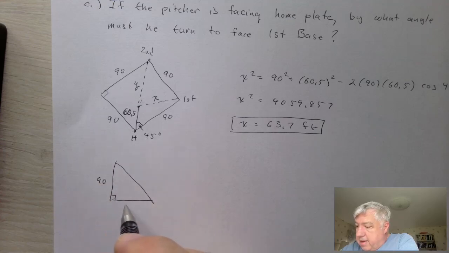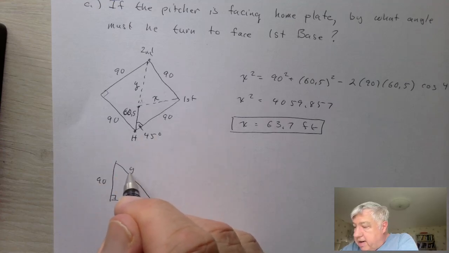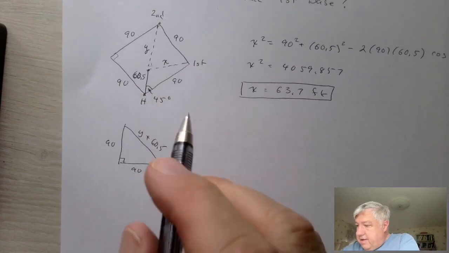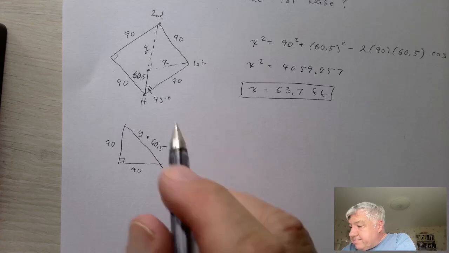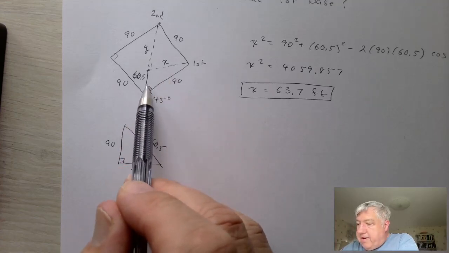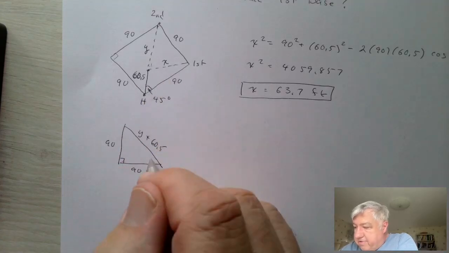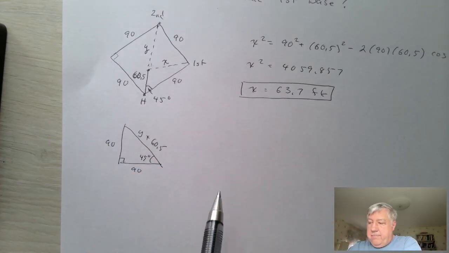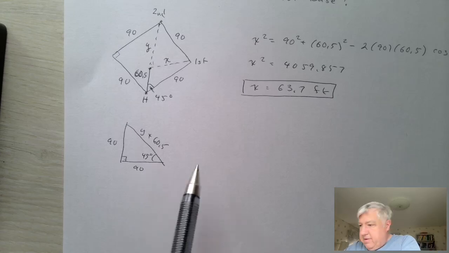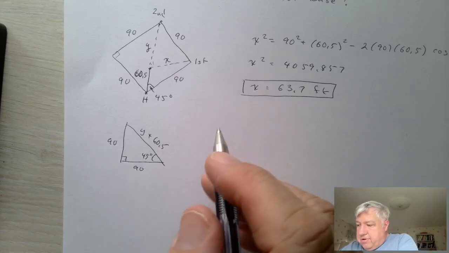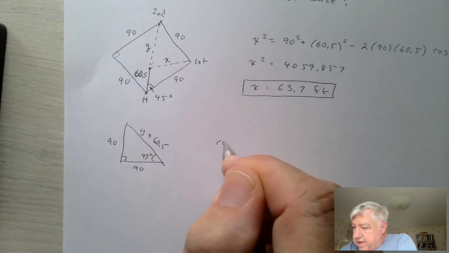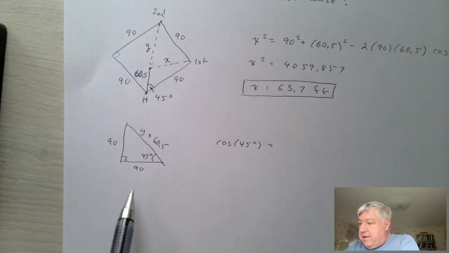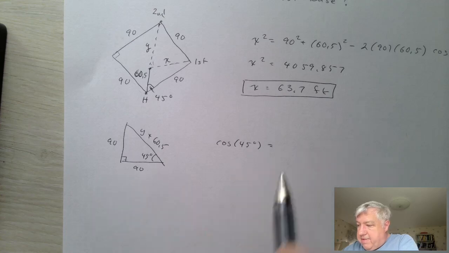Here's 90, and here's y plus 60.5, and we know that from here to here is 45 degrees, so from here to here is also 45 degrees. We can use either the cosine or the sine because both are equal. The cosine of 45 degrees is going to be the adjacent divided by the hypotenuse.